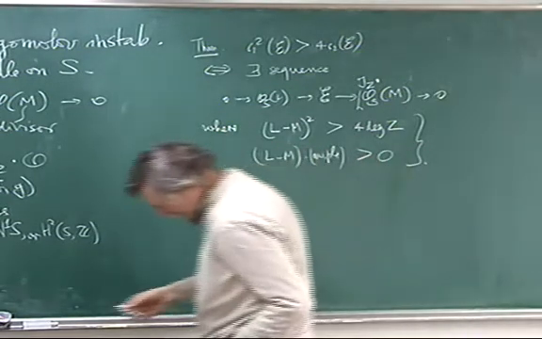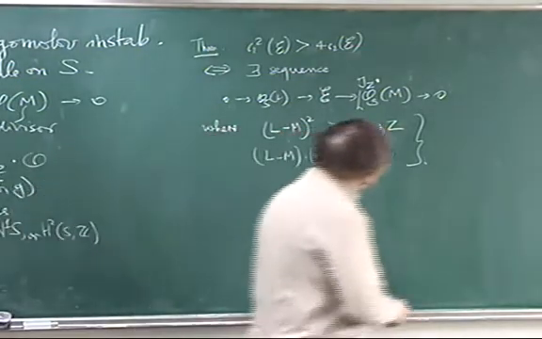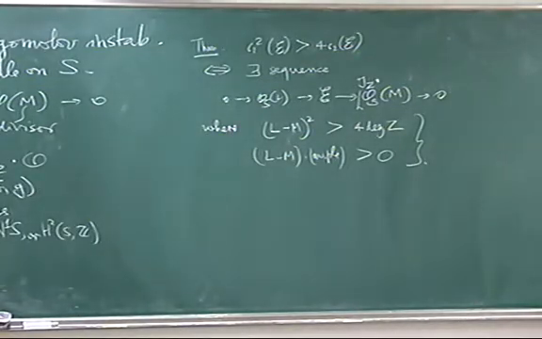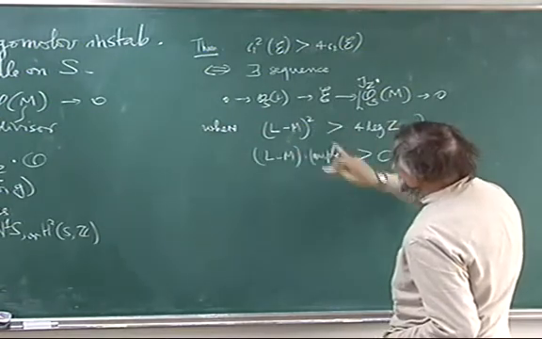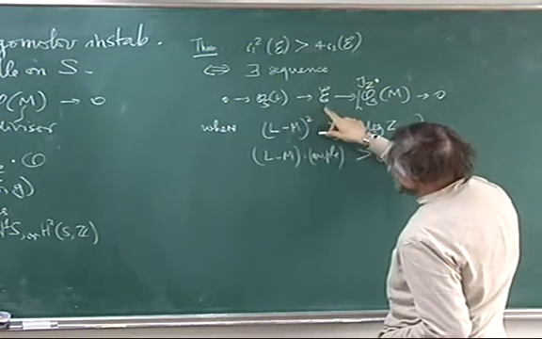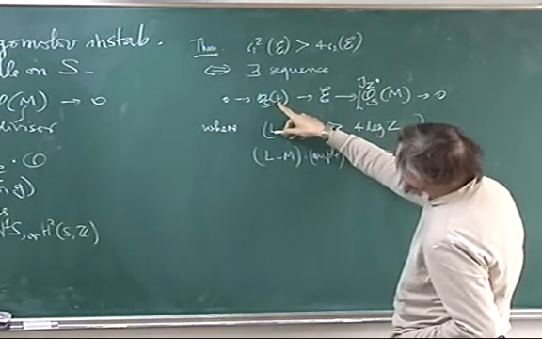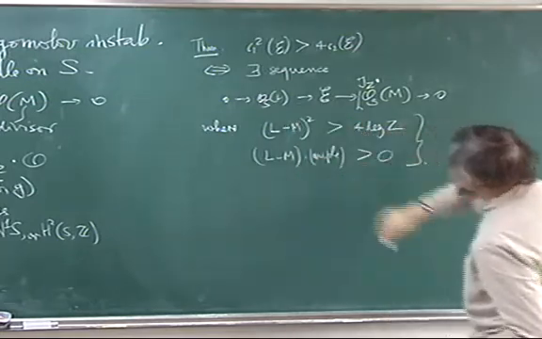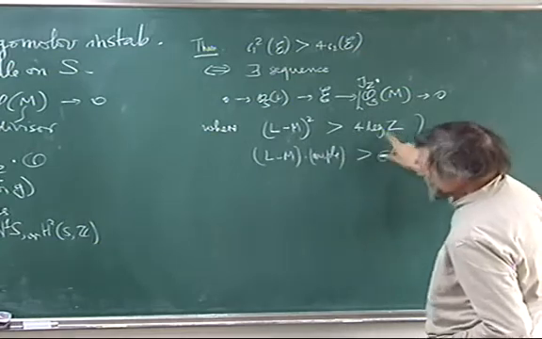So I explained, at least the idea of the proof should be clear. Let me just comment on the statement first. I've got this vector bundle, and I've got a sub-line bundle in it. So this first statement, L minus M squared is greater than 4 degree Z. That's basically just restating this thing here.